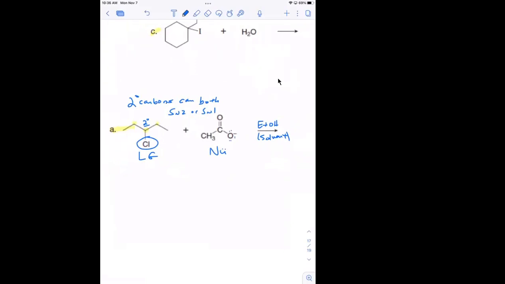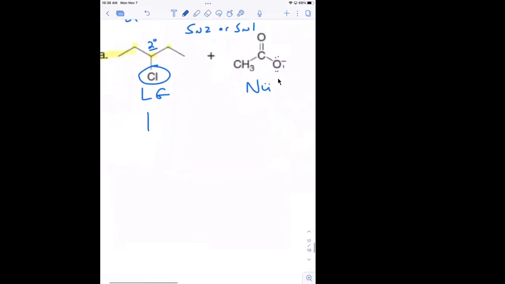Okay. Let's do that. If it's SN1, what's the first step? For SN1, first step is always what? What's the rate determining step for SN1? Well, sometimes it may not be the first step, but it's the main thing that has to happen.